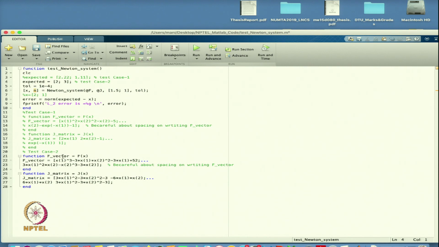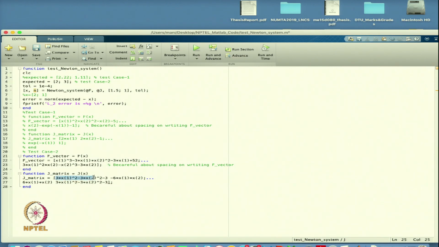This is the function we have defined: f vector is x1 cube minus 3 x1 y square minus 3x plus 52. So, that was my f(x,y), and the second was 3 plus 3 x1, x1 means x, so 3x square into y minus y cube minus 3y. So, that was my g(x,y), the other function.